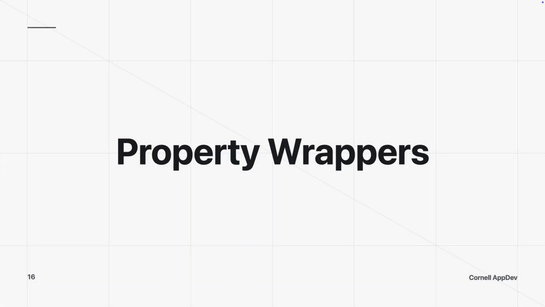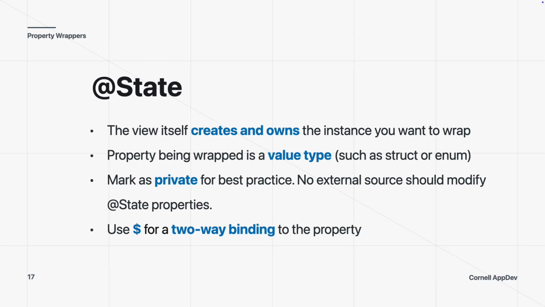Yeah, so for the rest of the lecture, we're going to go a little bit more in depth on property wrappers. You've already been introduced to the State property wrapper, which I'll briefly discuss here and give you another brief demo of. We use @State when we have a view that creates and owns the instance that you want to wrap.